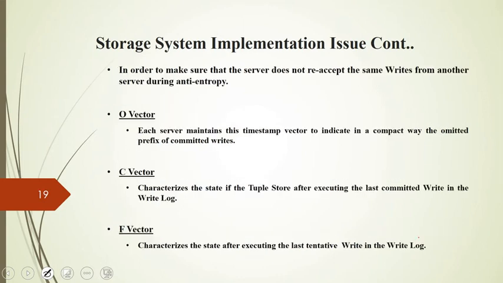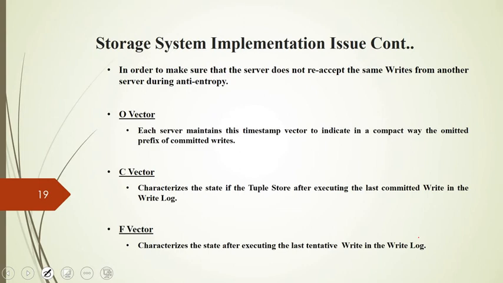To make sure the server does not re-accept the same write from another server during anti-entropy, we have different vectors, that is the O vector, C vector and F vector. The write log also conceptually contains all writes received by the server.